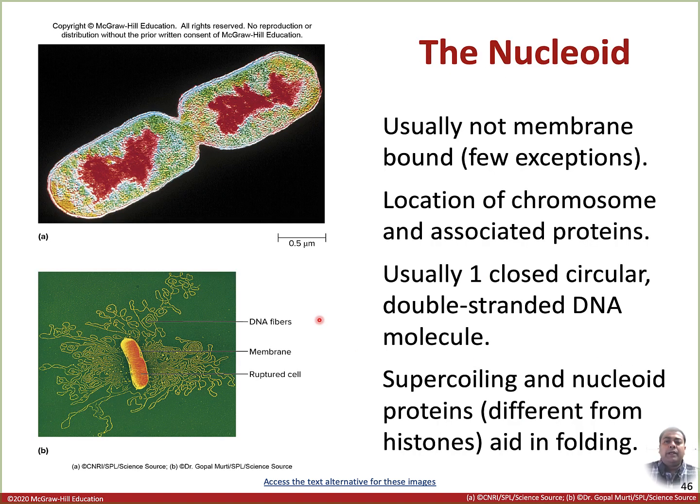The nucleoid is usually not membrane bound like in eukaryotes, with a few exceptions. This is where the chromosomes and the associated proteins are located. Usually the bacteria will have one closed circular double-stranded DNA molecule, just one chromosome, but sometimes bacteria can have a linear DNA molecule, like Vibrio.